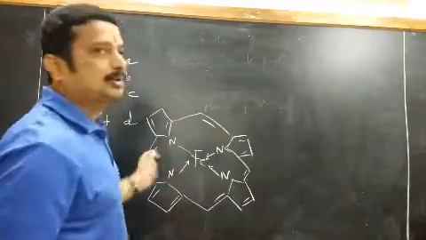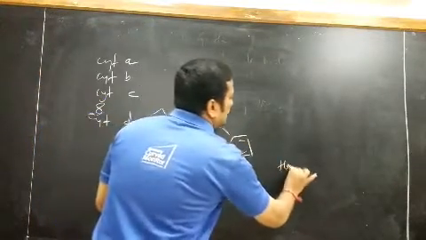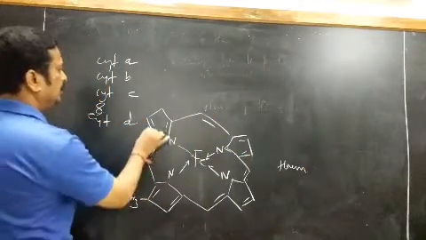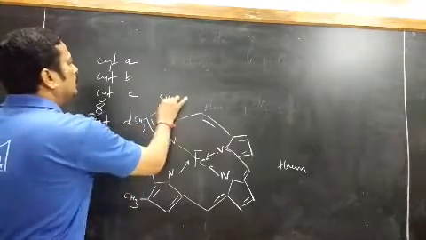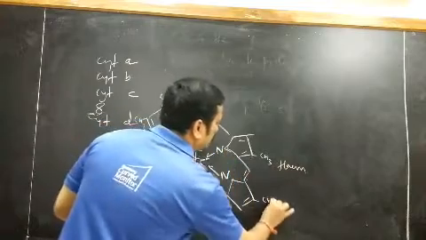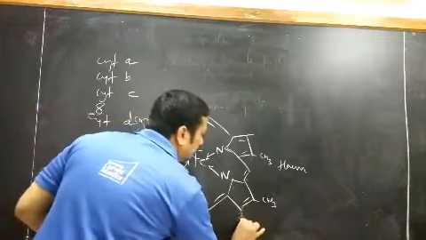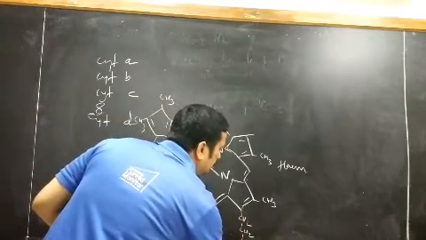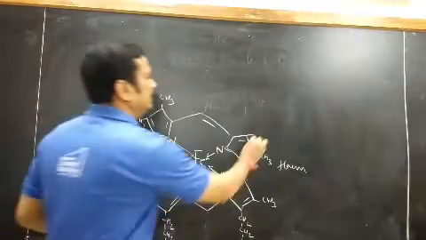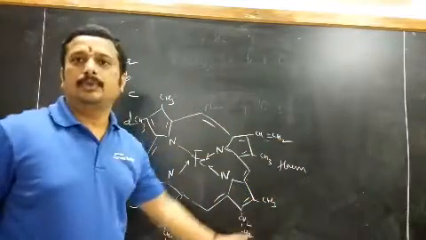This whole iron with the porphyrin ring is called heme. It has methyl groups, CH3, CH3, in the heme group, followed by a long chain of CH2, CH2, CO minus, and here CH double bond CH2. Like this, these substituents make the heme group.